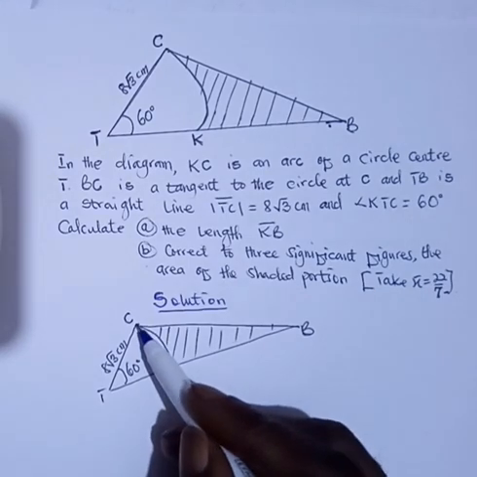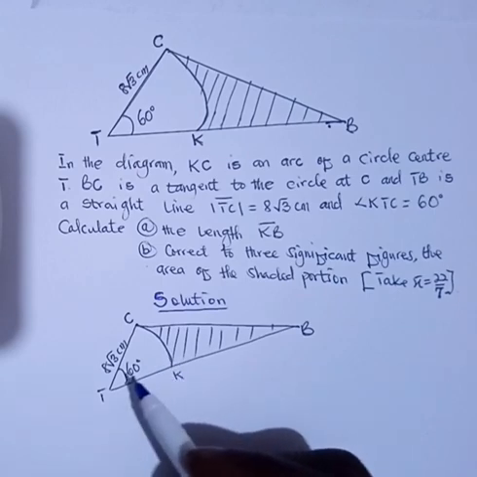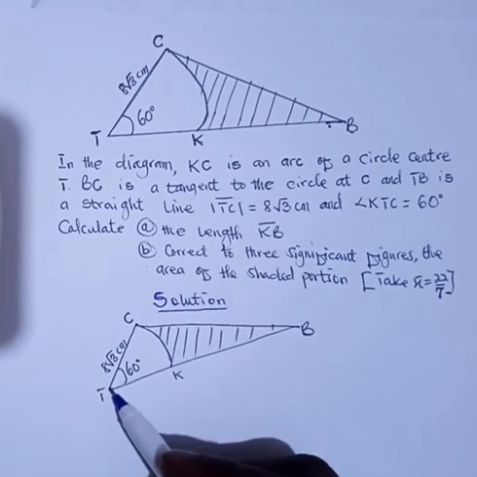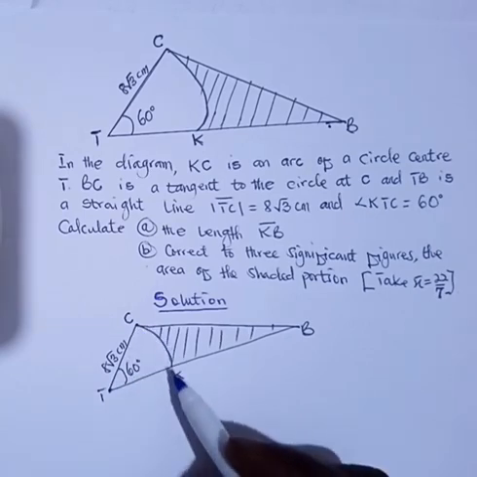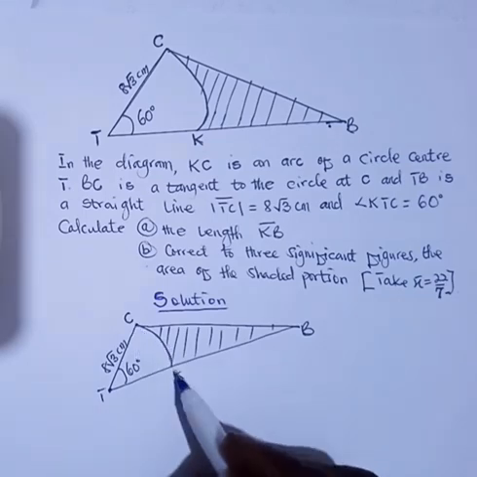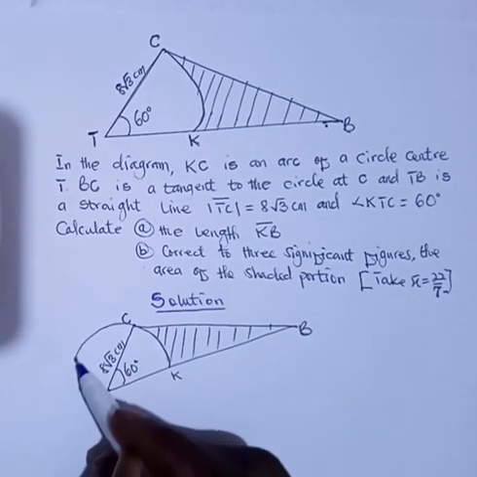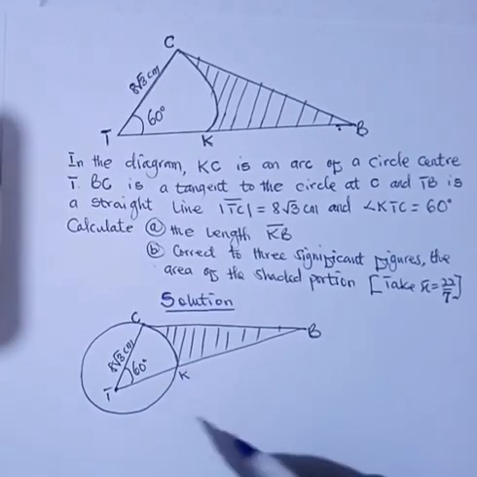KC is an arc. So this is KC, which is an arc, and the center of the circle is T. If we are saying this is an arc, then let's continue with the circle. Let's draw the circle. Good.